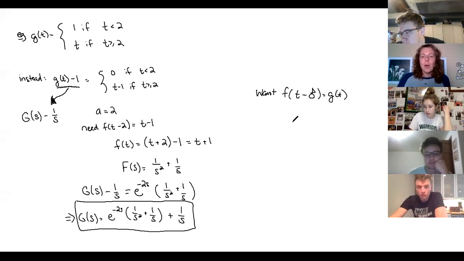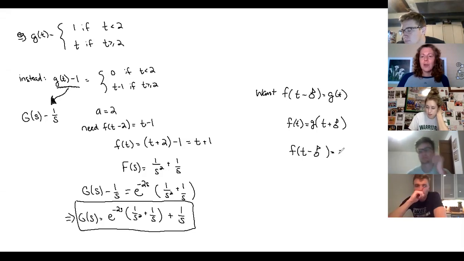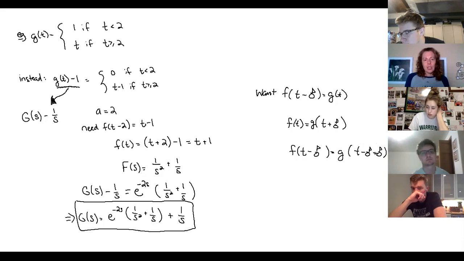And so therefore, we need to do f of t is t plus sailboat, or g of t plus sailboat. This might be more confusing. I don't know if this is helping or not, because then f of t minus sailboat is g of t minus sailboat plus sailboat, and they go away and they cancel to just give you g of t.